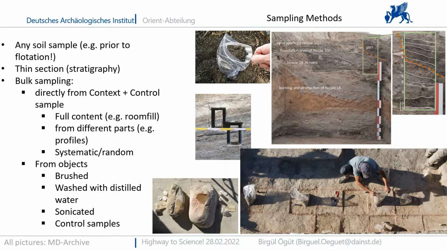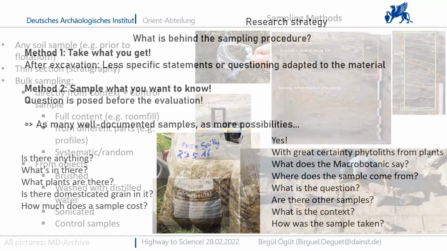You get any soil sample. This is the choice if there is nothing else. Or there is thin sections, but this is a special area that will be covered in a separate section in the workshop. Or there are different types of bulk samples from contexts and objects.